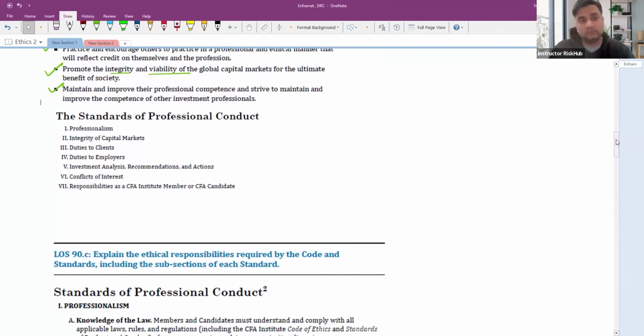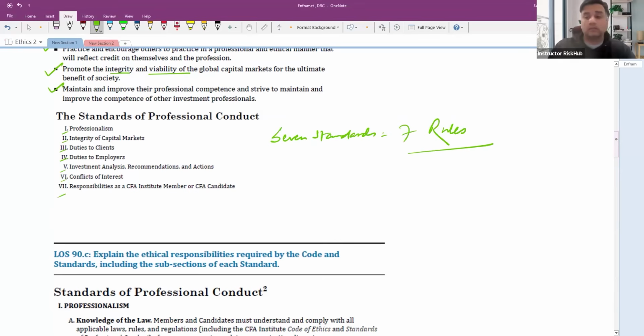You see the Roman numerals here: 1, 2, 3, 4, 5, 6, 7, right? So CFA uses Roman numerals in questions, right? So those are, first of all, the seven standards. Seven rules.